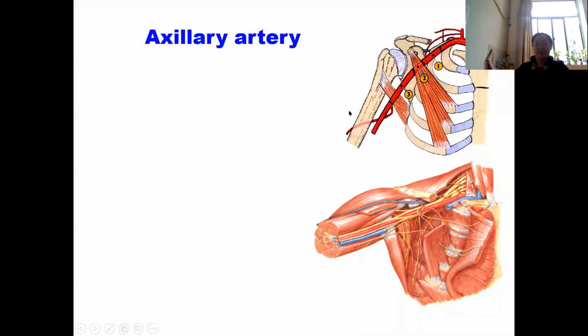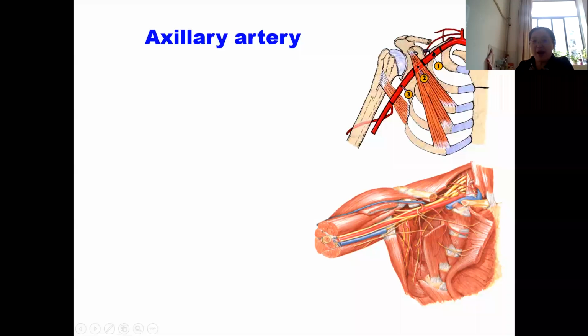Here, another one is the artery, the cardiovascular part of this region. The arteries are the axillary artery and brachial artery, especially the axillary artery. So where does the axillary artery start? It starts from the lateral margin of the first costal rib and terminates at the inferior margin of teres major.